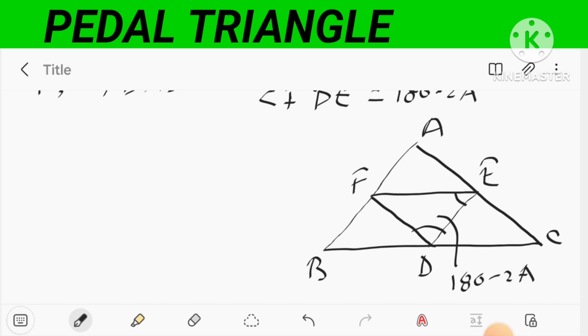Similarly, this angle is equal to 180 minus 2B.